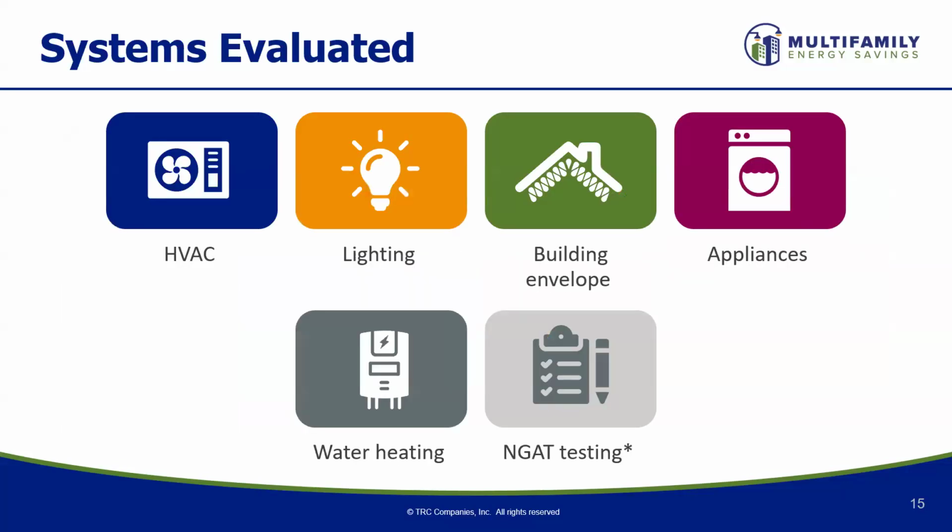Okay, next slide, and we'll get into some of the systems we evaluate while we're on site. I know we mentioned some of those common areas, but now we get into the systems. We have HVAC, lighting, building envelope, which includes items like windows and insulation, appliances like washers and refrigerators, water heating, and NGAT testing, which is combustion safety testing that we provide on common area gas appliances.